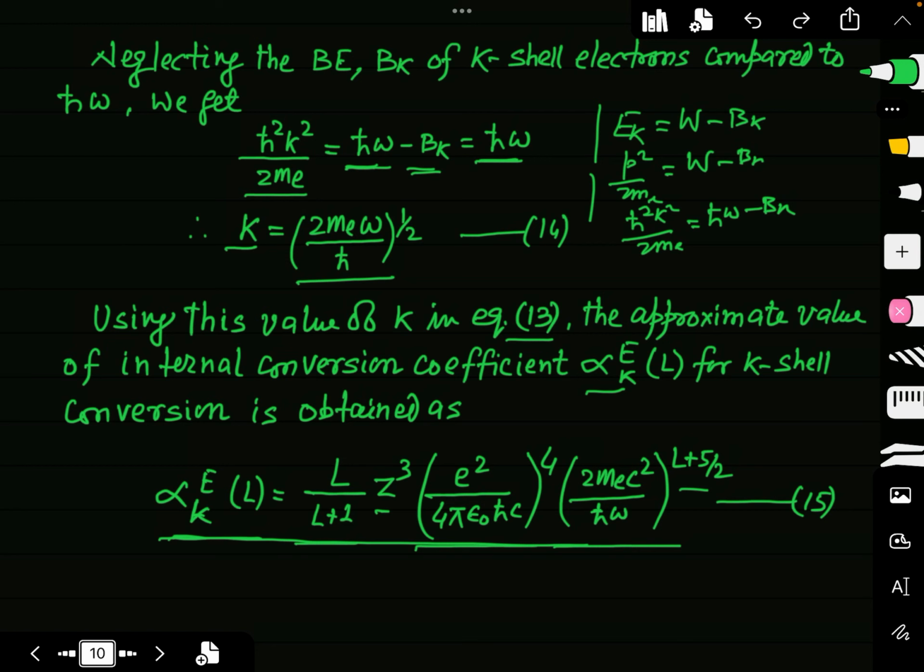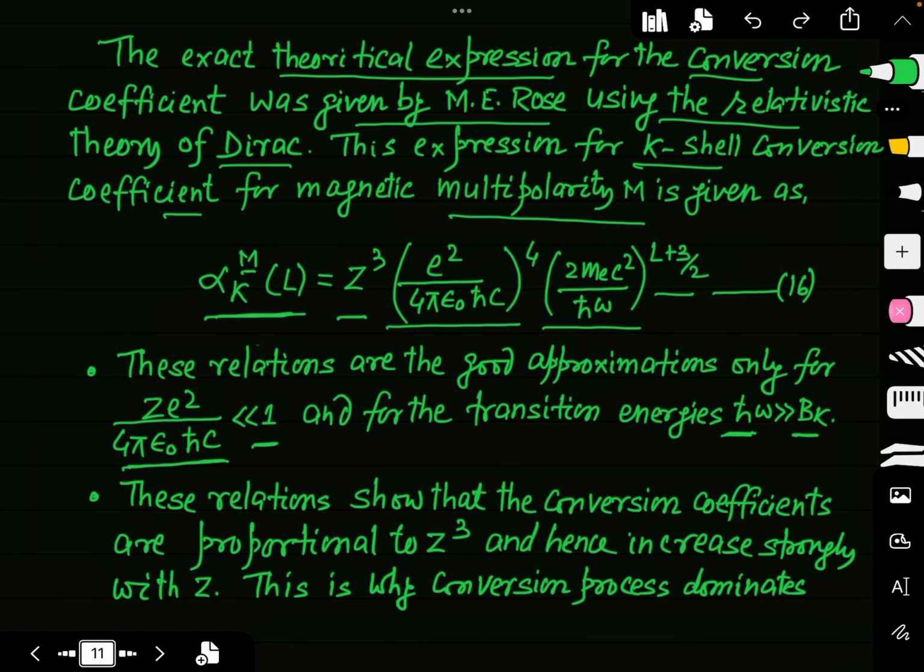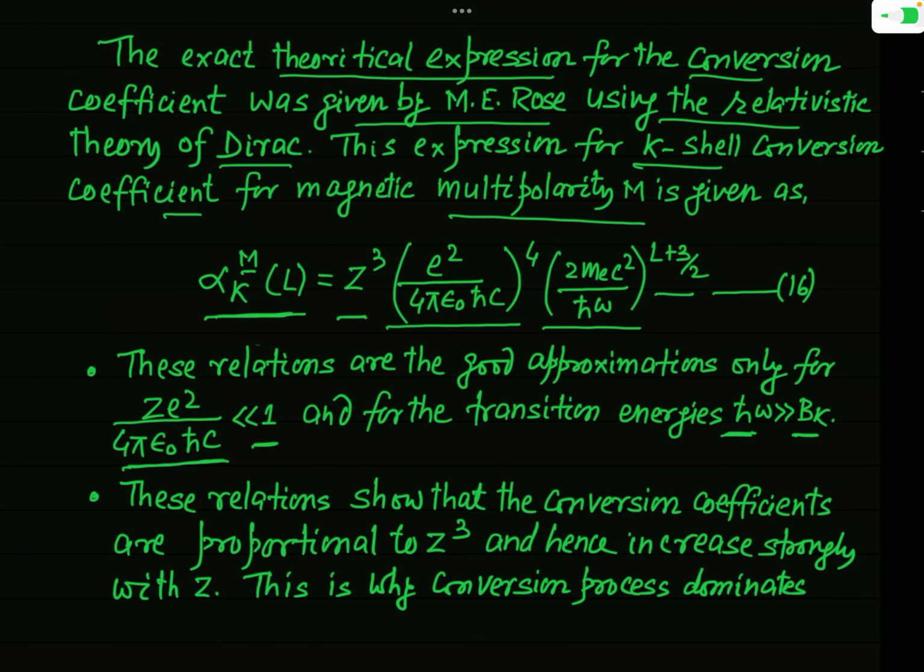So on the basis of both of these two results, we can say that the conversion coefficients are actually proportional to Z cube. So if Z increases, then the value of this conversion coefficient will strongly increase. Why?